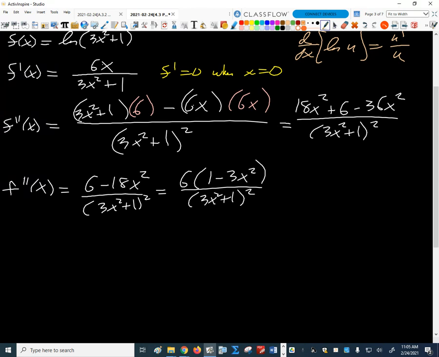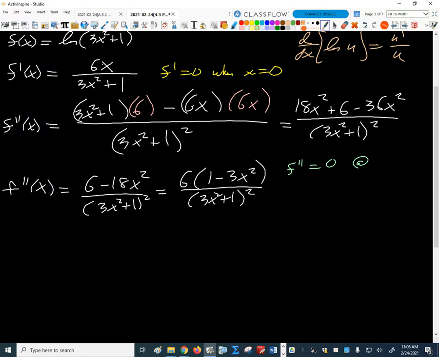What about our second derivative? Where is our second derivative undefined? It's nowhere undefined again, right? Because the bottom is never 0. What x values would it equal 0 at, though, if I set the top equal to 0 and solve? Square root of 1/3, isn't it, right?